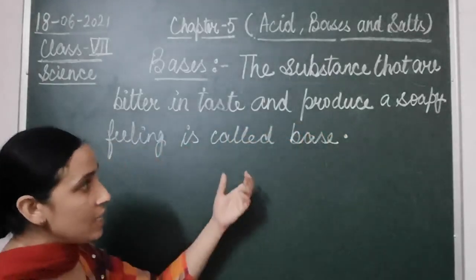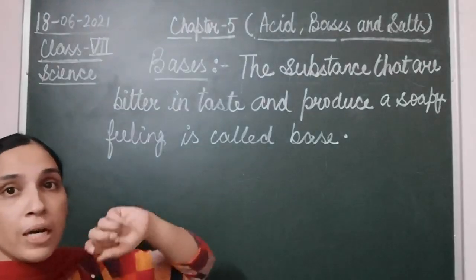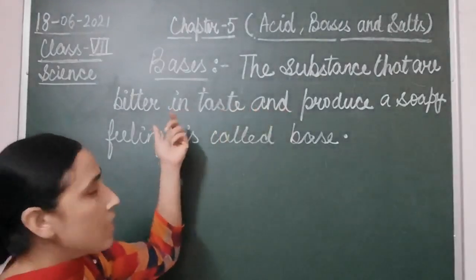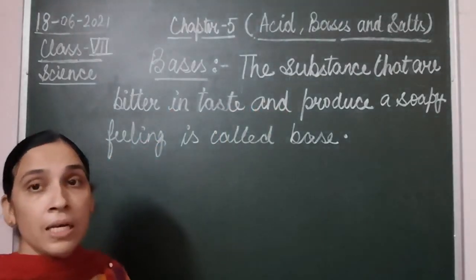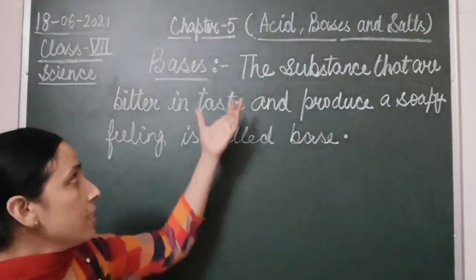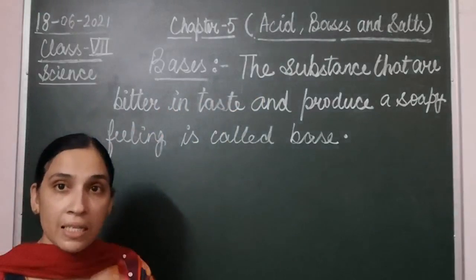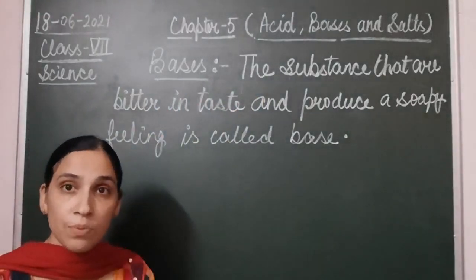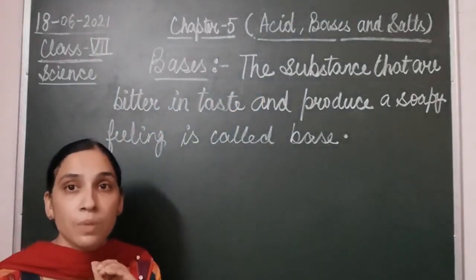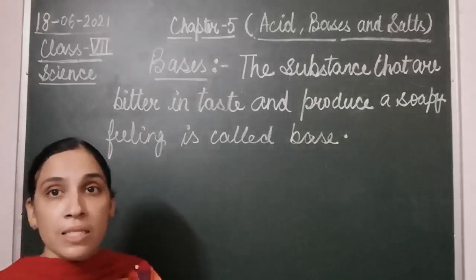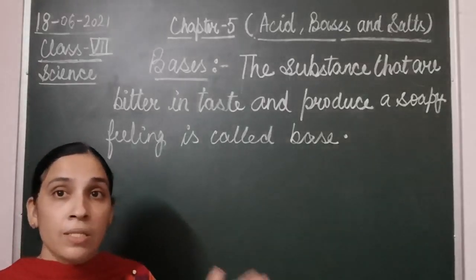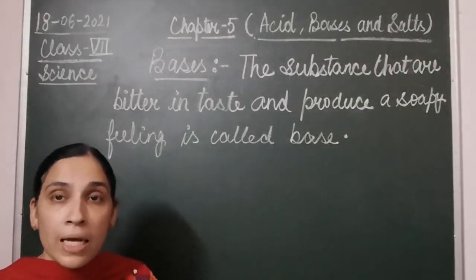Now, as we have written in acids also that substances that are sour in taste, here the substances that are bitter in taste, it means you have to taste each substance to check whether it is bitter or not? No, not like that.